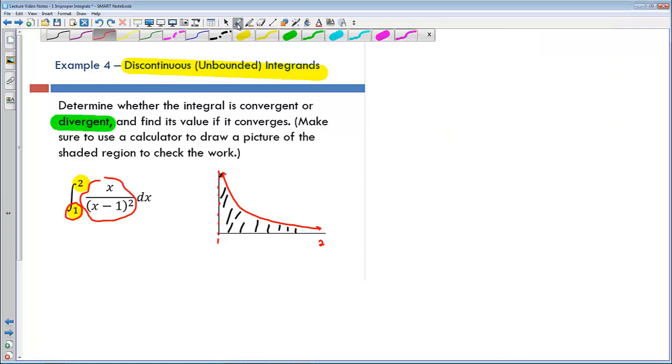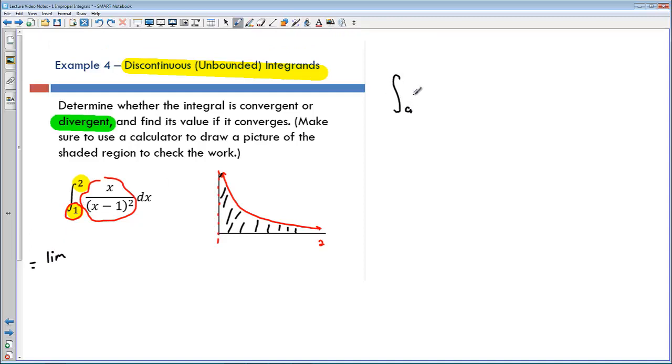All right, so the way that we rewrite this is we're going to rewrite this as equal to the limit. And since the problem happens down here, remember the definitions, the integral from a to b of f of x dx. Since the problem happens at the lower limit of integration, we'll call this the limit as a goes to 1, but we're going to 1 from the right side. So we're coming in from this side over here. So we're going to put a little plus up here. That means coming in to 1 from the right. And then write the integral from a to 2.